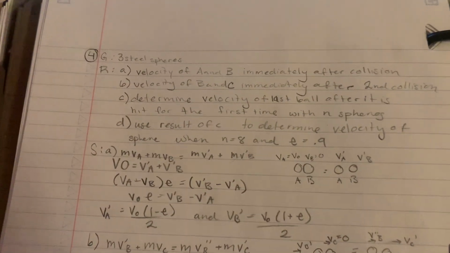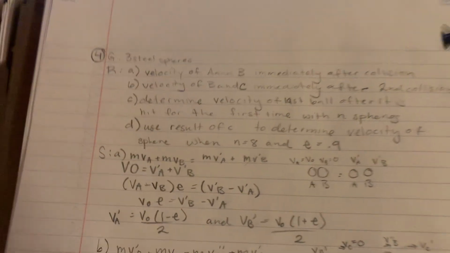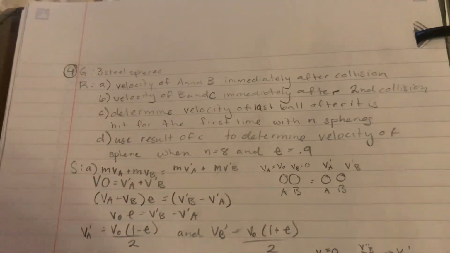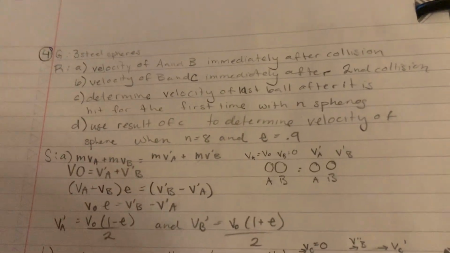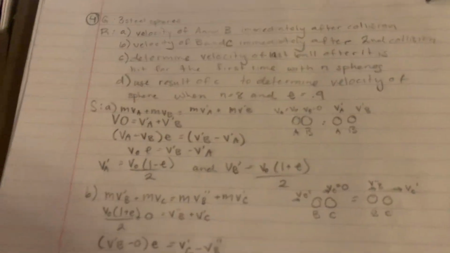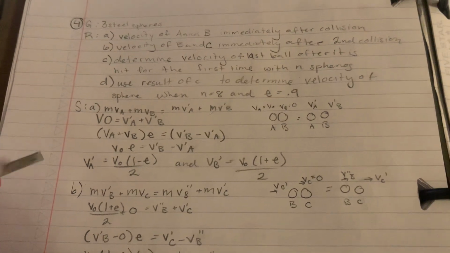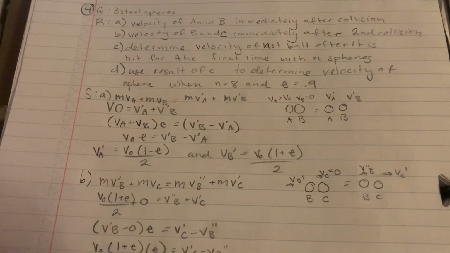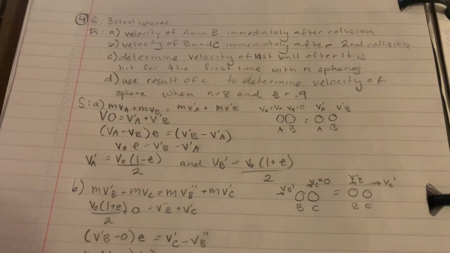All right, the next problem is a series of steel spheres that are being swung onto each other, and we're solving for the velocity of A and B immediately after the collision, velocity of B and C immediately after the second collision, and so forth.